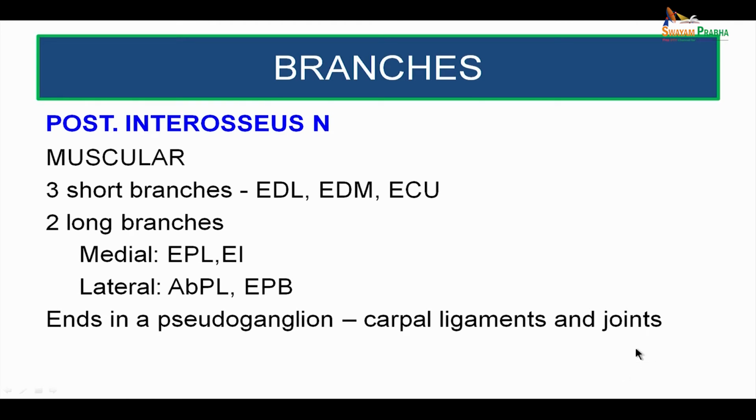So, it gives off 3 short branches to extensor digitorum, extensor digiti minimi and extensor carpi ulnaris, and gives off 2 long branches, the medial part of which supplies the extensor pollicis longus and extensor indicis, whereas the lateral part of it supplies the abductor pollicis longus and extensor pollicis brevis. Finally, as we told, it ends in a pseudoganglion which supplies the carpal ligaments and the joints.